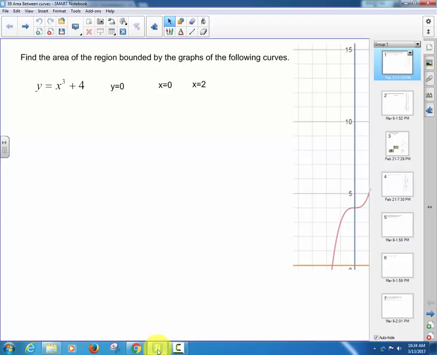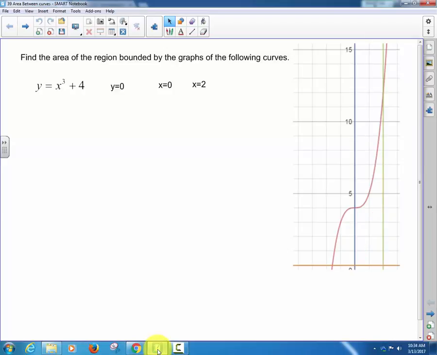But okay, this first problem here should be an absolute review to you, okay? Find the area of the region bounded by the graphs of the following curves. This shouldn't be anything real new at all to you because we've done something similar to this. Actually, we've done very much this before.